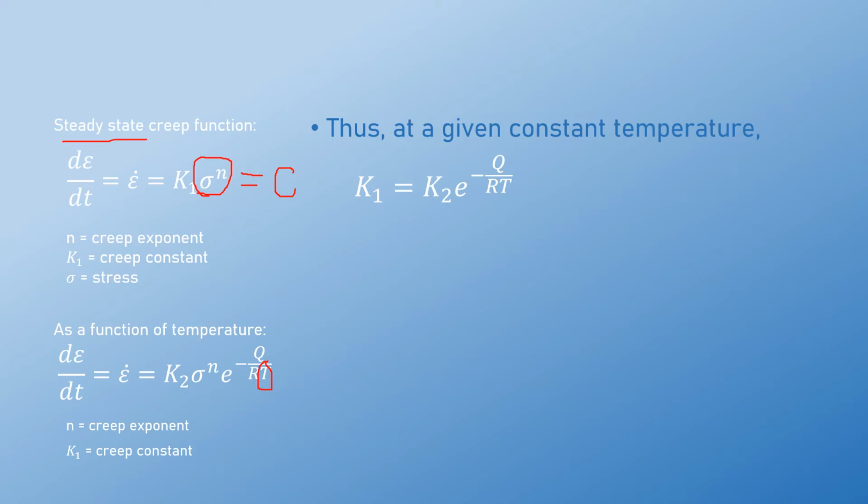And it's also the case here, because when you're doing the test, you keep the temperature constant, and that's why the stress will also be constant, and that's why the strain rate will also remain constant. And thus at a given constant temperature we have this equation.